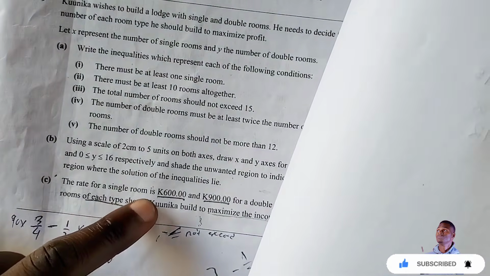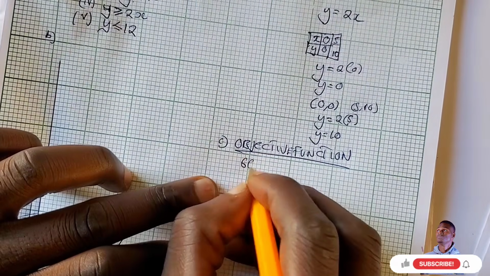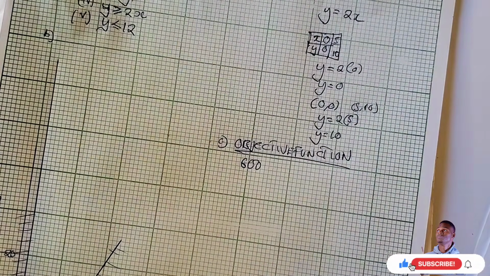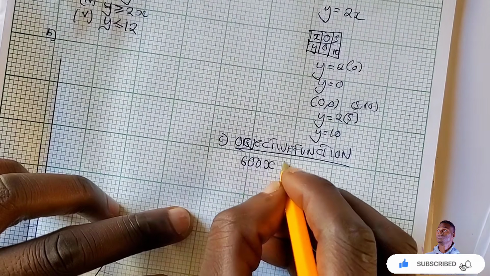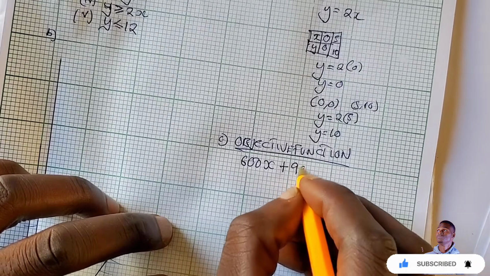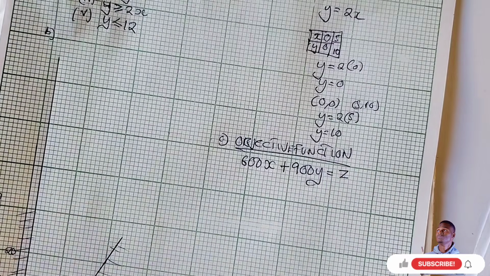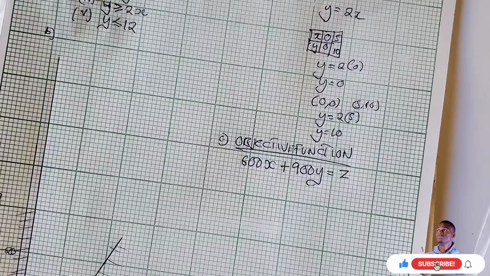The rate is so easy, 600. So I'm going to say 600x for single rooms, plus 900y, equals z. What is z? z is the maximum profit.